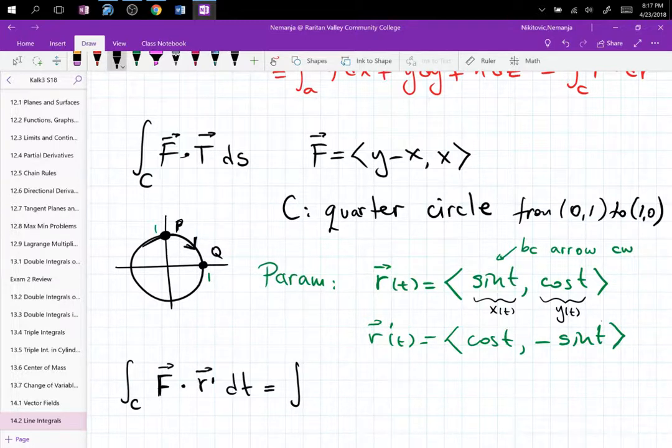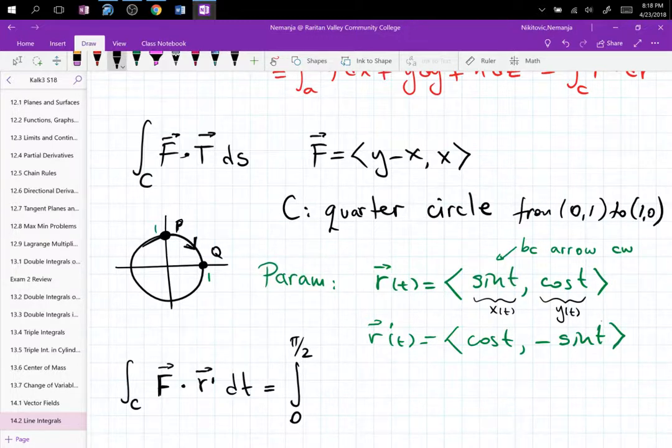You are going clockwise. If you were going counterclockwise, you would have to go pi over 2 to 0, right? But you are going clockwise, your world begins at P. And that's where your 0 degrees now is.